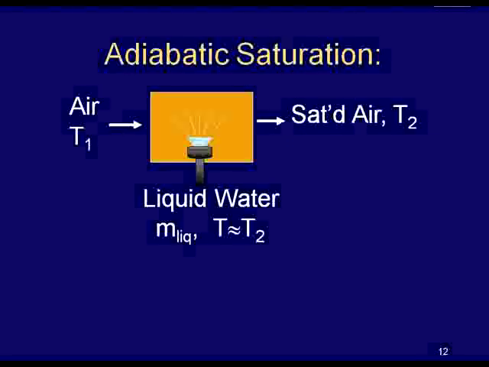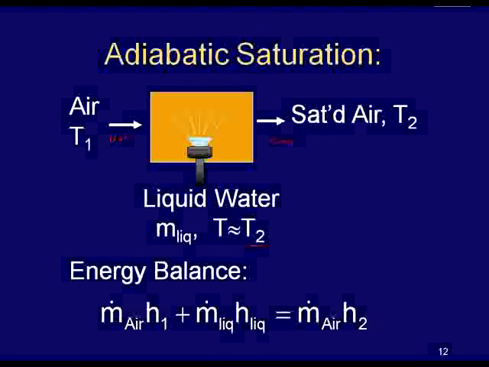Energy comes out. Say that's hot air. This would be cooler air, because the energy to vaporize the water is taken out of the air and the temperature drops. When we say adiabatic saturation, we assume we're saturating at approximately the outlet temperature for the liquid water coming in.